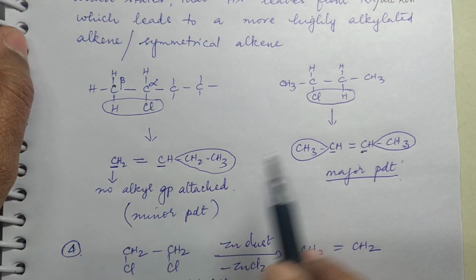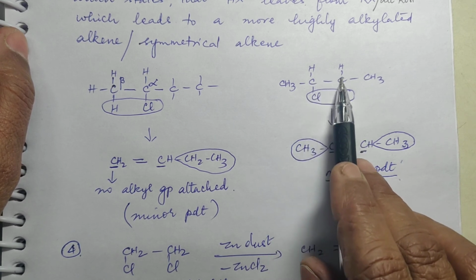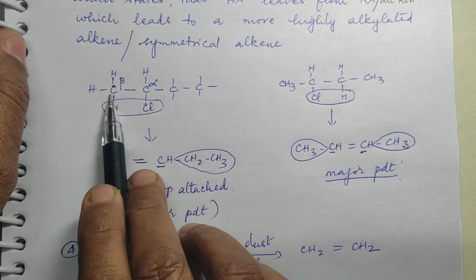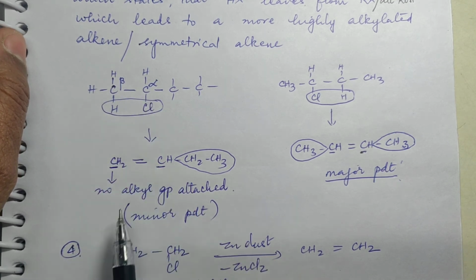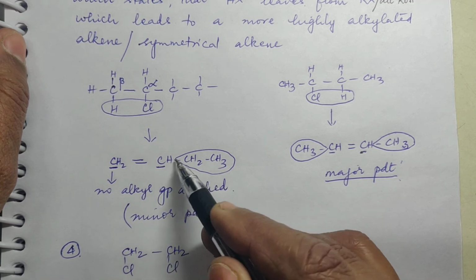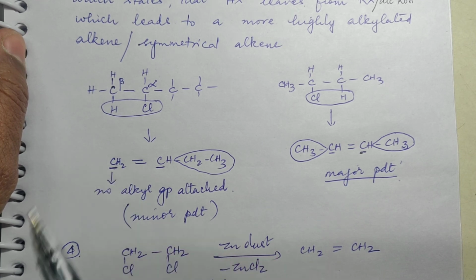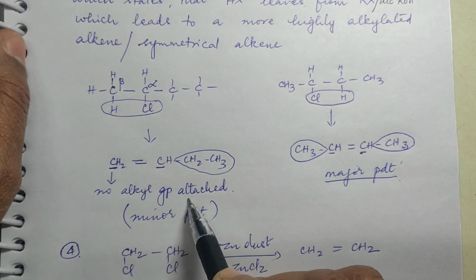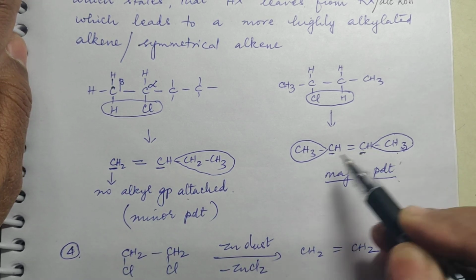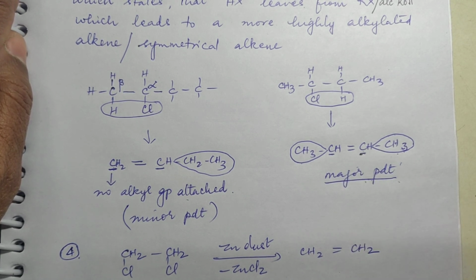This could be removed or this could be removed. If this is removed, you'll get a double bond between the second and third carbon. If this is removed, then you get a double bond between the first and the second carbon. Now when this is so, you will get this as a product. Now with this carbon there is an alkyl group, but with this carbon there is only hydrogen but no alkyl group. Whereas if you see here, both the carbon atoms are having one alkyl group. So this is more highly alkylated. So that is the major product.